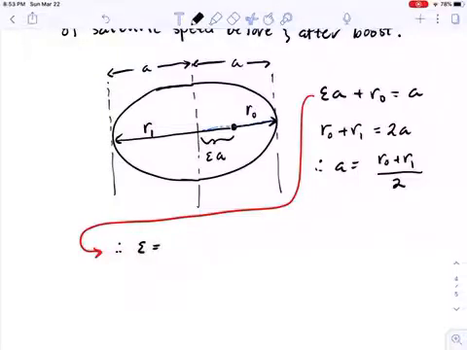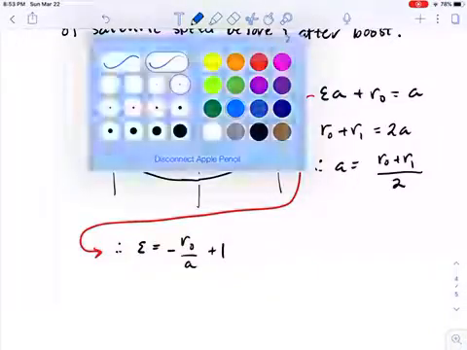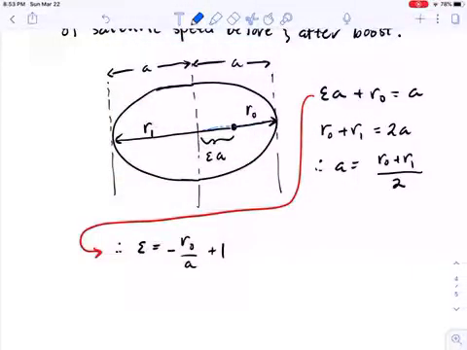So we subtract off an A, then we'd get, no, maybe let's divide by A, so that we would get negative r0 over A, with a minus sign if we move it over to the other side, and then plus 1. Okay, and then we'll take this expression for A and we'll sub it in right there.